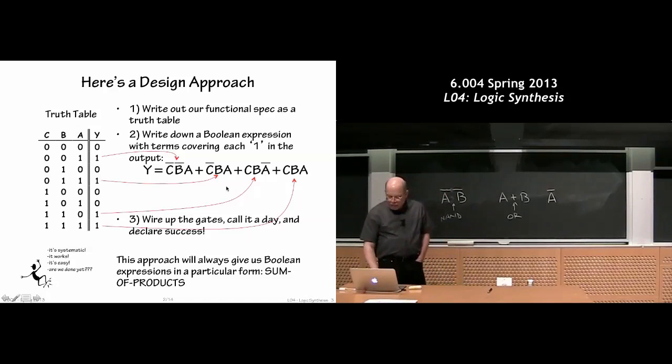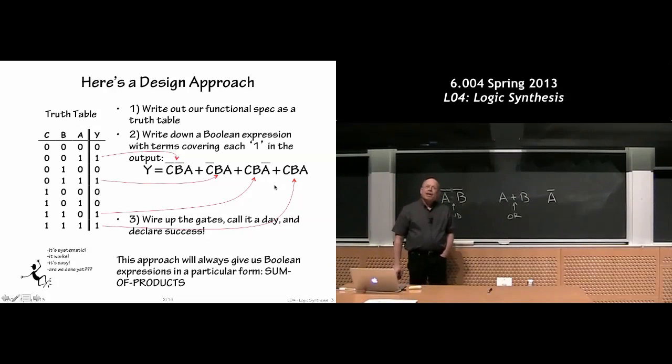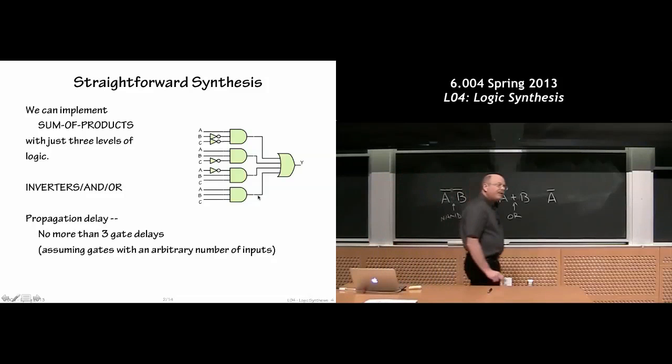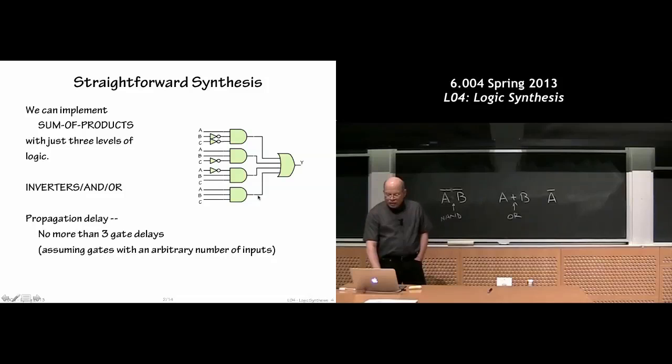Okay, and if you say, well, I have a sum of products, Chris, what does that get me? Why is that a nice idea? Well, I can very quickly derive a schematic diagram involving inverters and AND gates and OR gates from my sum of products expression. The sum is represented by this giant OR gate, which will have as many inputs as there are product terms.